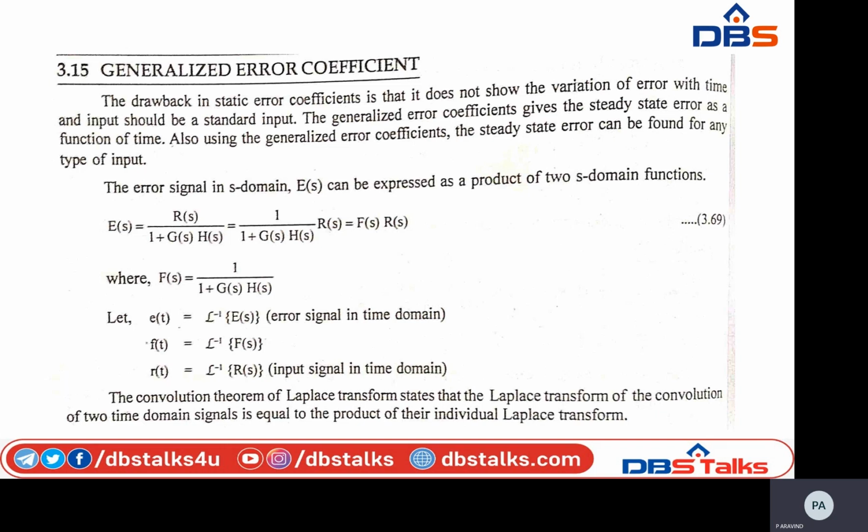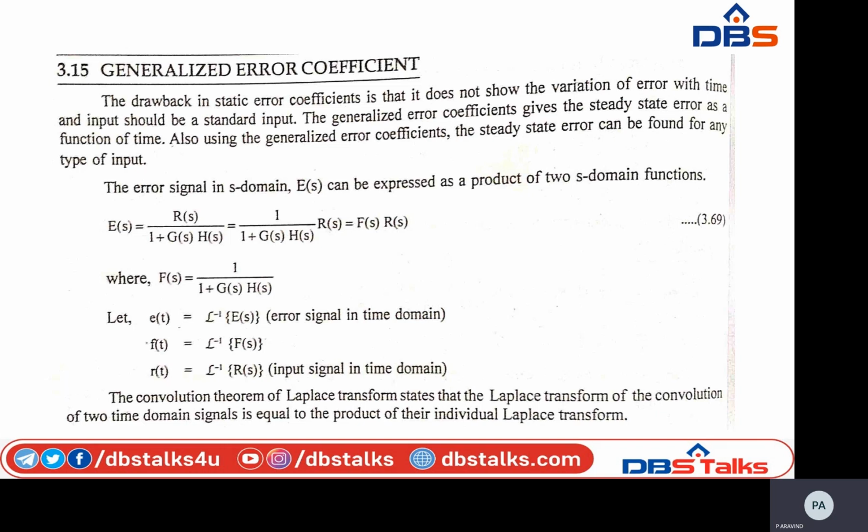Okay, see here the error signal in S domain, we can write it as E of S. So E of S equal to R of S by 1 plus G of S into H of S. Here the term 1 divided by 1 plus G of S into H of S can be written as F of S. Where E of S is the error signal in S domain, and E of T is the error signal in time domain.